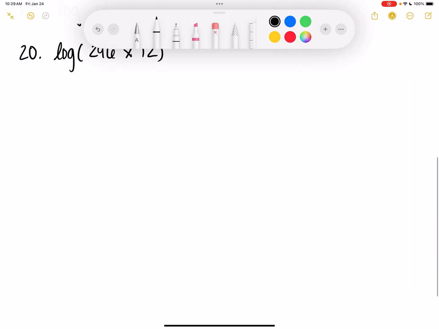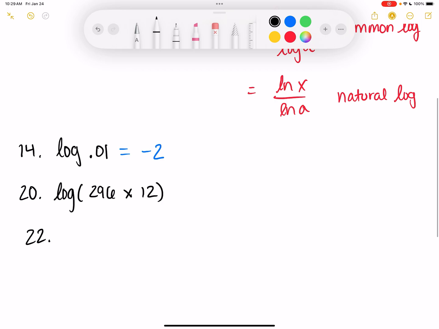And then we're going to look at 22, which is the log of 643 over 287. So basically, just ones where we're multiplying or dividing within the log. So nothing crazy or different about this. It just all goes in the parentheses.